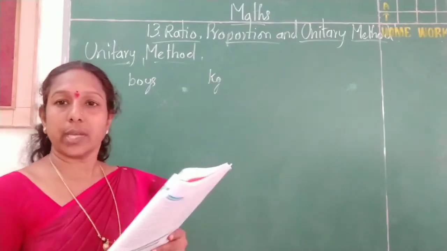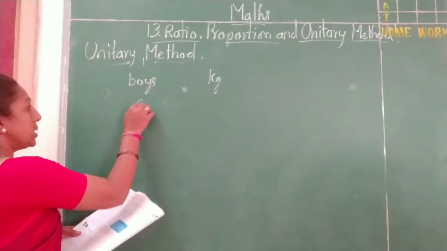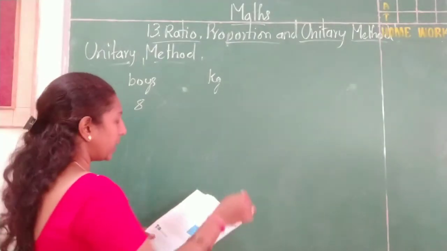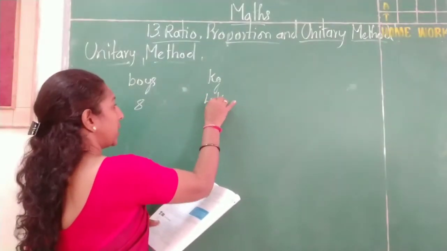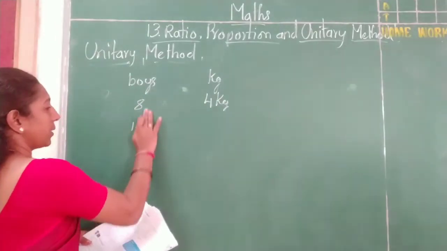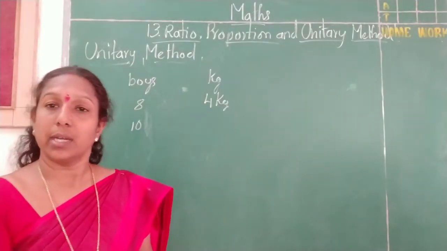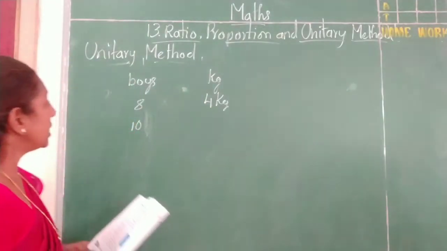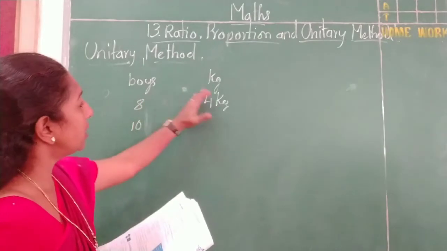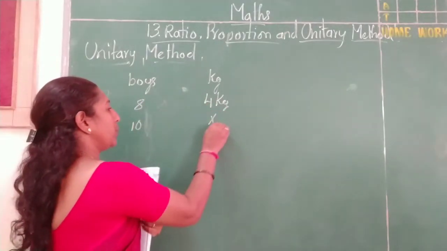So first, 8 boys is given, and then the kg is 4 kg of rice, and then they are asking for 10 boys. So 8 boys, 4 kg, and 10 boys how many kg? This we have to find here.